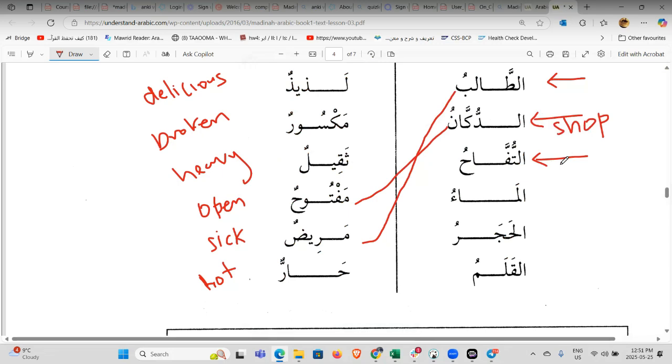Apple, the apple. Okay. At-tufahu ladhidhun. So ladhidhun, very good. So the apple is delicious.